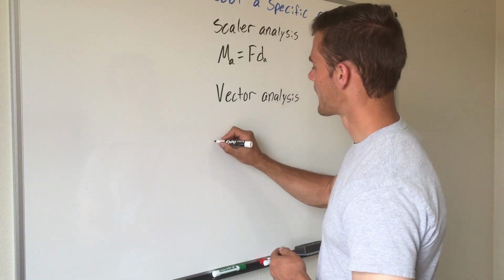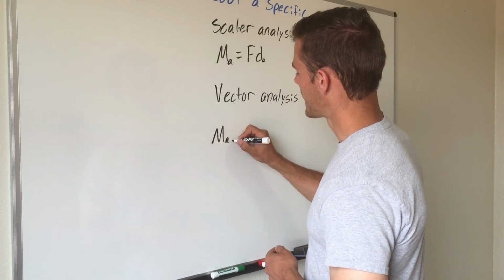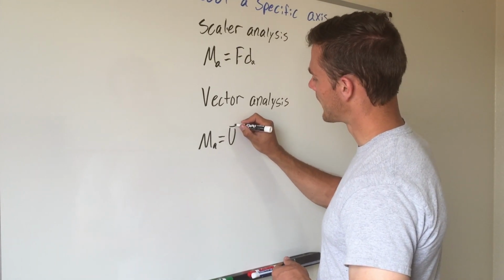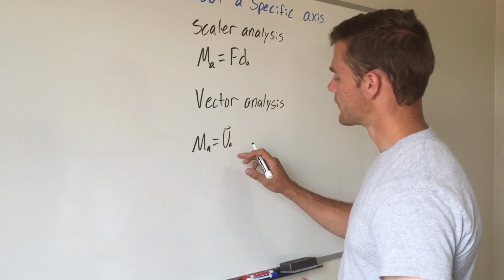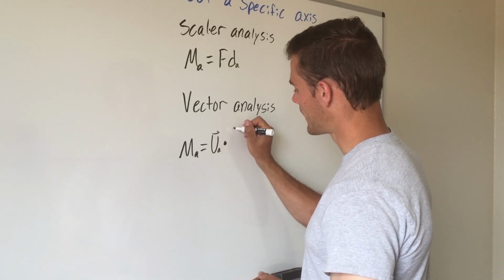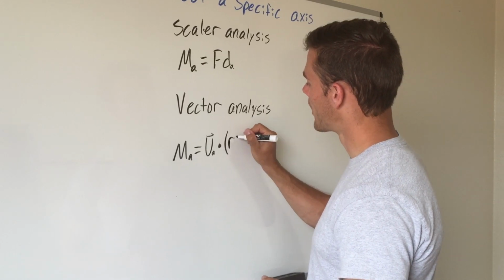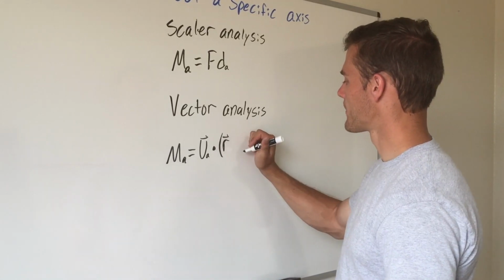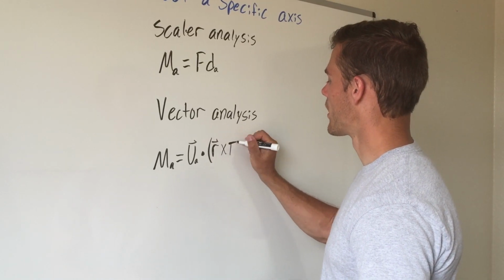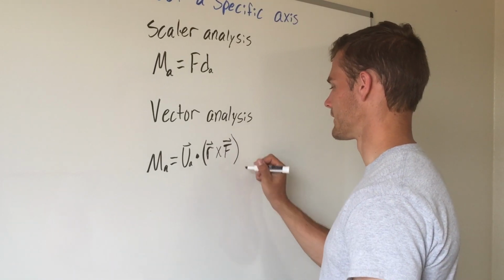And that's done, and you're finding the magnitude of the moment again by multiplying the unit vector that is representing our moment axis dot our moment arm as a vector cross our force that's also represented as a vector.